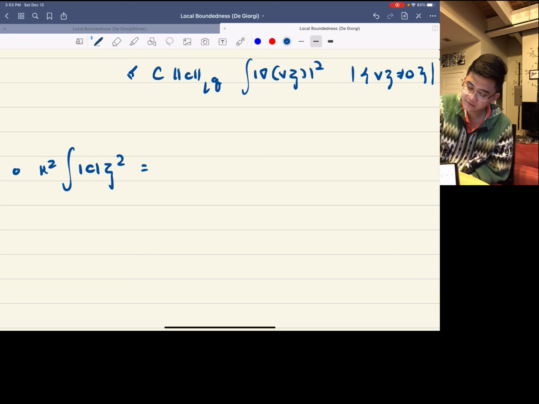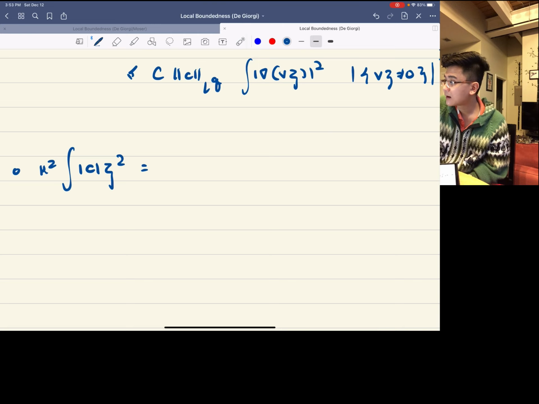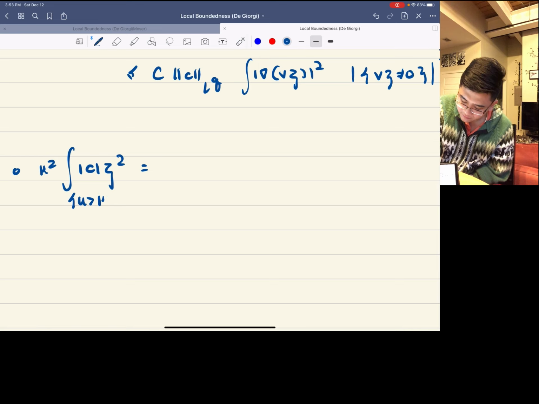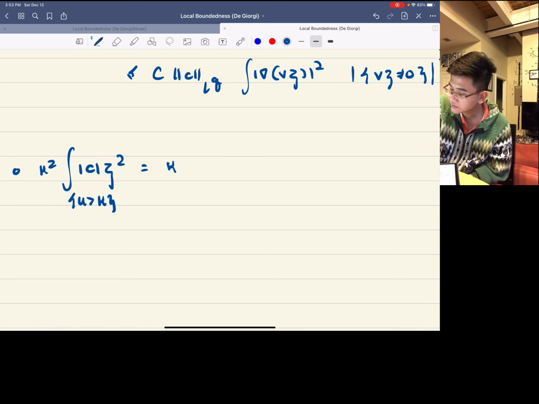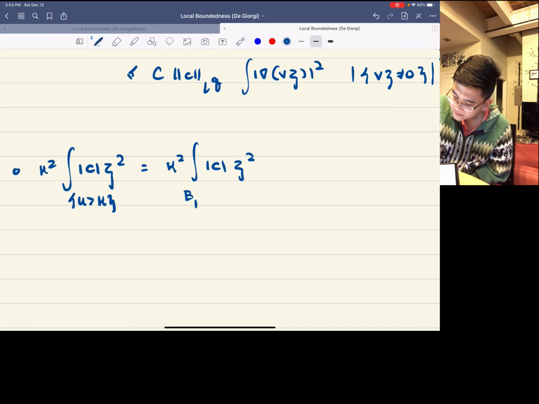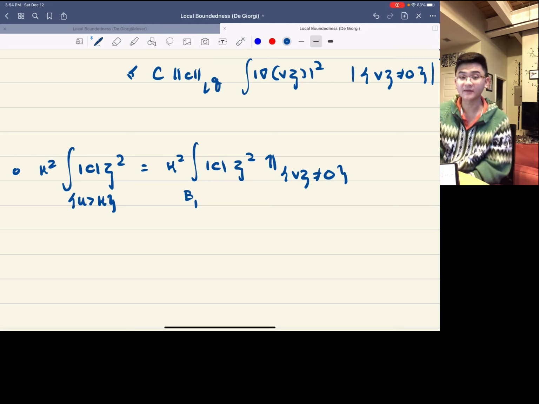Same trick. Note that this is an integral over this set, so I can write this as k squared times the integral over B1 of c zeta squared times the indicator of v zeta not 0.